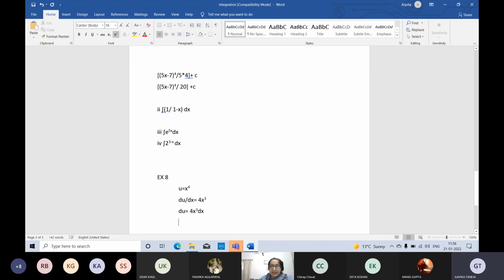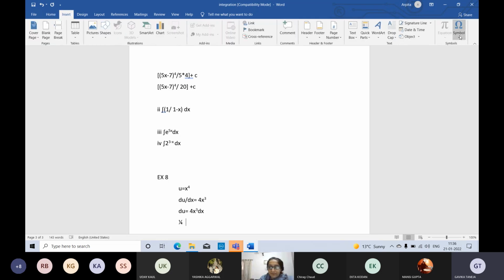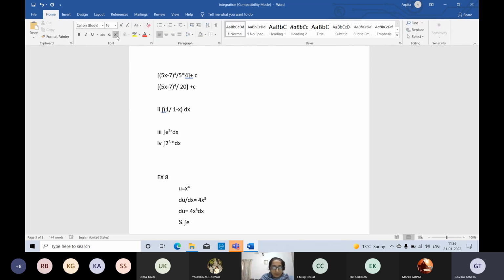So when I integrate the entire function, I have a 4 which I don't have earlier, so I am taking 4 outside. Then I integrate, which means I put e to the power u du.